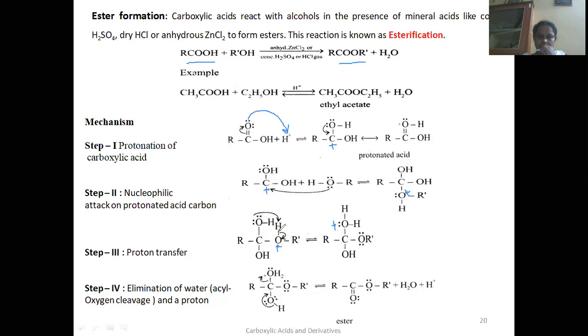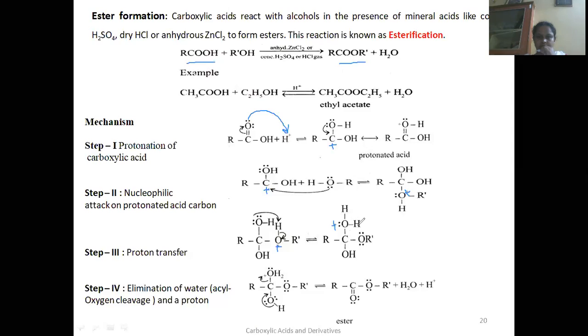So what happens is this bonded pair of electrons will shift onto the positively charged oxygen, and they will balance the positive charge of this oxygen here. Therefore, one lone pair is already present, and one more lone pair will come from this bonded pair. Now this hydrogen is shifted onto this oxygen here.